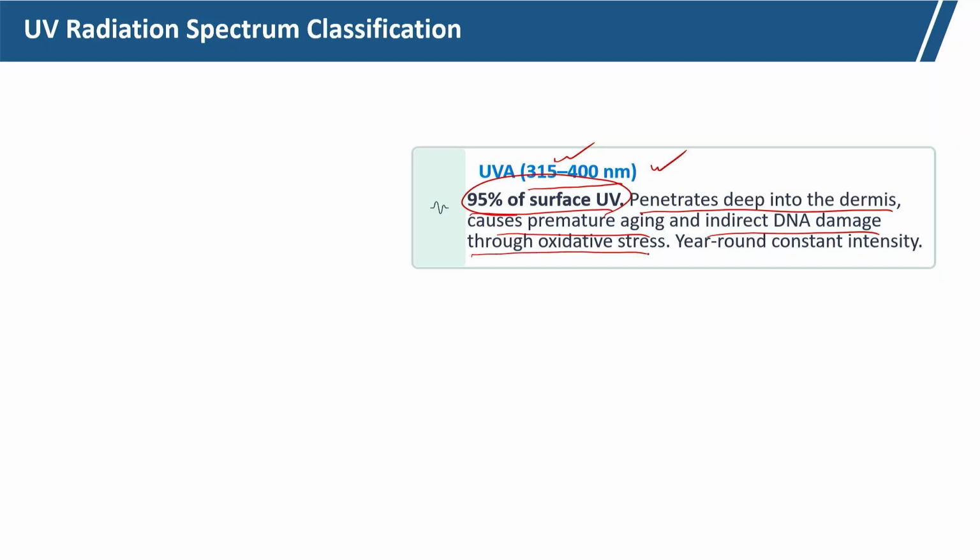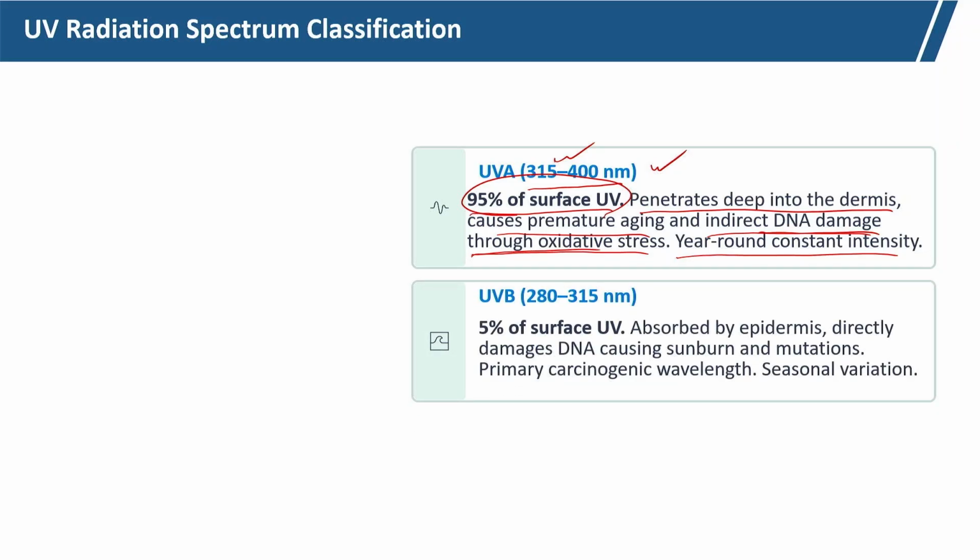This indirect DNA damage happens through oxidative stress. And here the intensity is constant throughout the year.